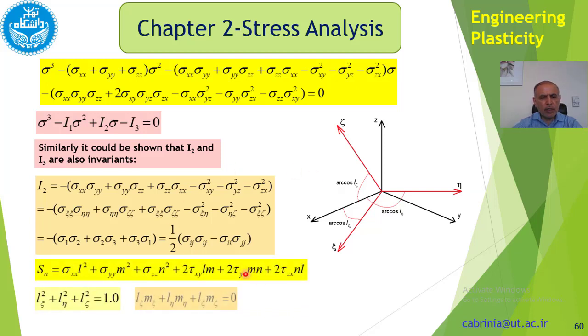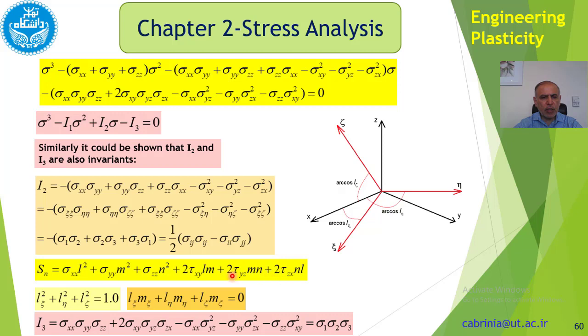We could use this same transformation for I2 and I3 also, because if you use again for sigma xi xi, this transformation is for eta eta and zeta zeta, and for xi eta and eta zeta and xi zeta also you can use this transformation, and you will see that we get that. For I2 we get that, and for I3 we get that.